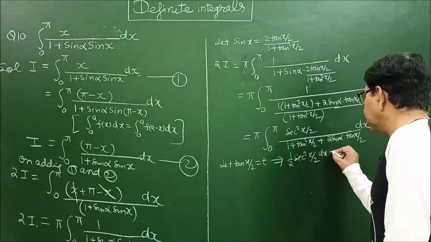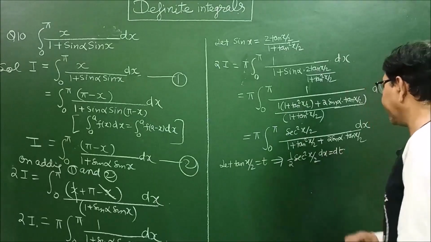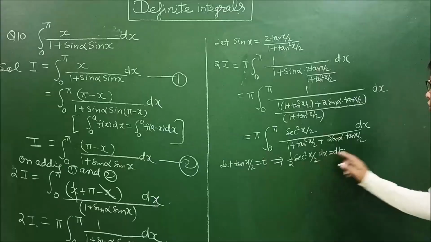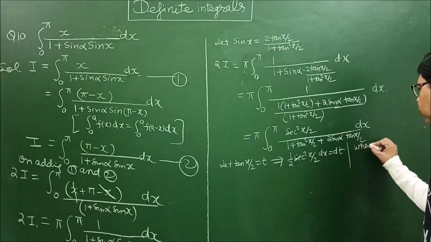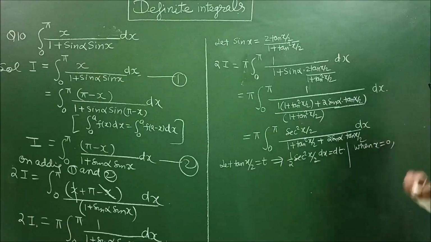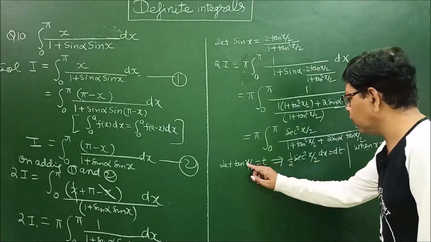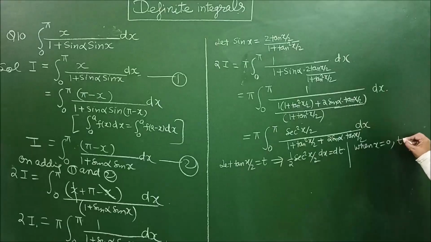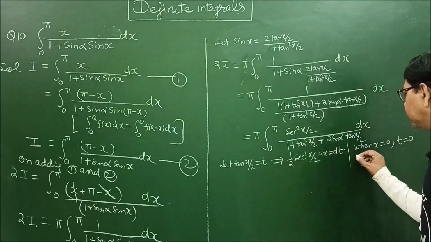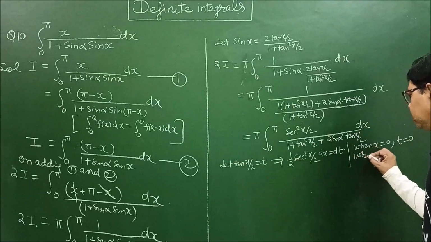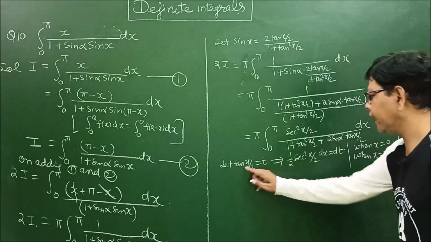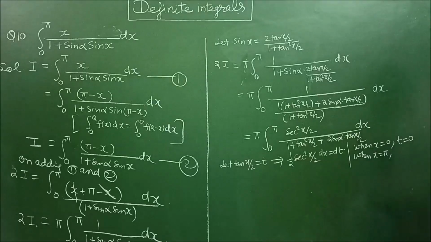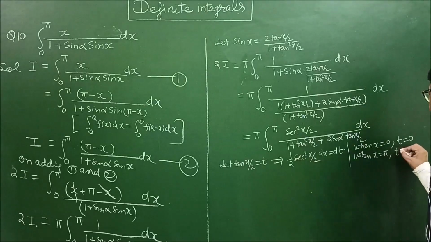So half sec square x by 2 dx is equal to dt, or sec square x by 2 dx is equal to 2 dt. When x is equal to 0, the value of t is 0, and when x is equal to pi, the value of t is tan pi by 2. Tan pi by 2 is equal to infinite, so t is equal to infinite.